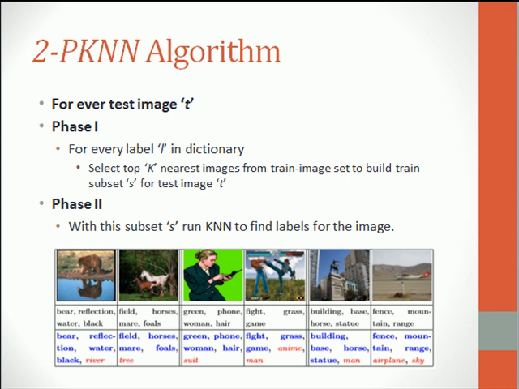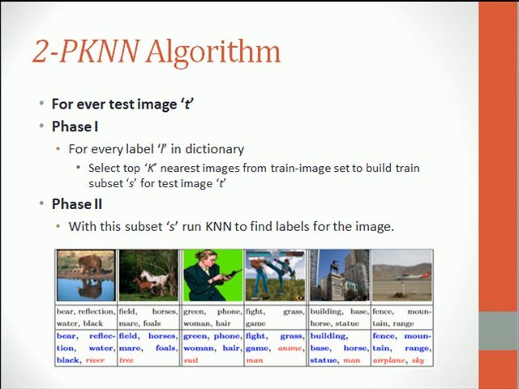Given a test image T, for every label L in the dictionary, we select the top k nearest images from the train image set to build a train subset for the image. In phase 2, with this subset, we run the KNN to find the labels for the image.